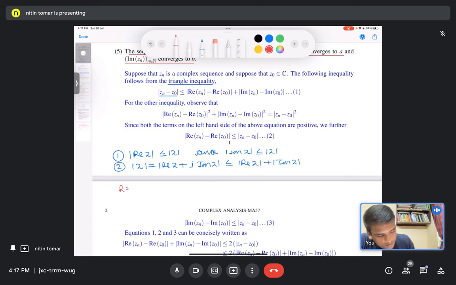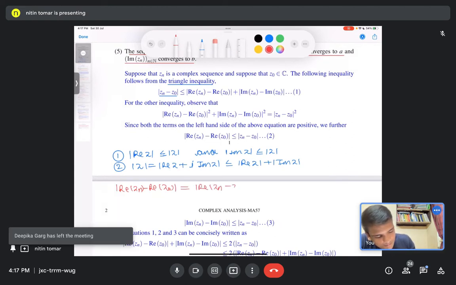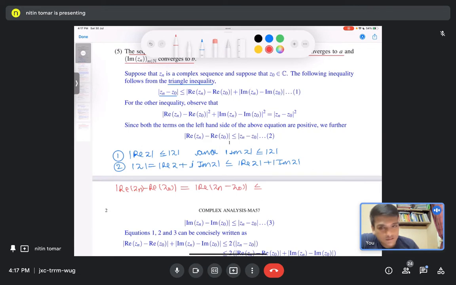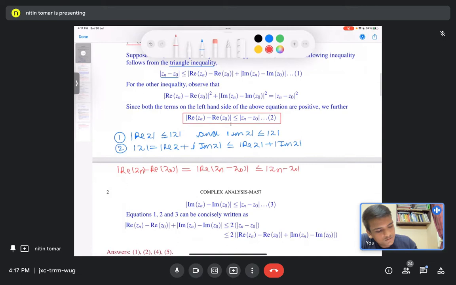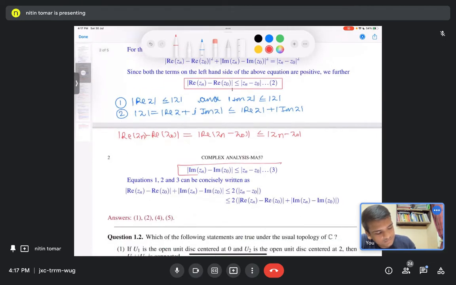If you look at the mod of the real part of zn minus the real part of z naught, it is in fact equal to the mod of the real part of zn minus z naught. And we know that the modulus of the real part of any complex number is less than or equal to its modulus. So it is less than or equal to mod of zn minus z naught. So this is precisely what inequality 2 is all about. And the same thing holds for the imaginary part.